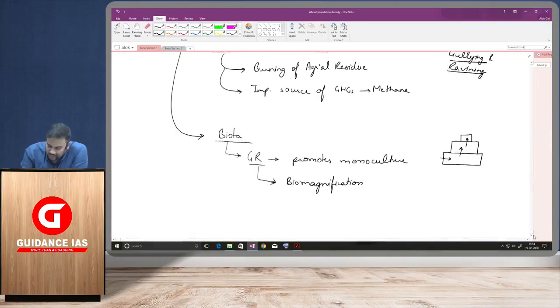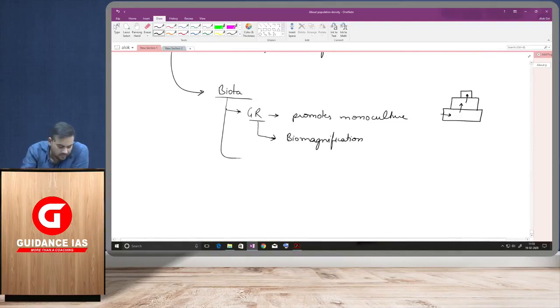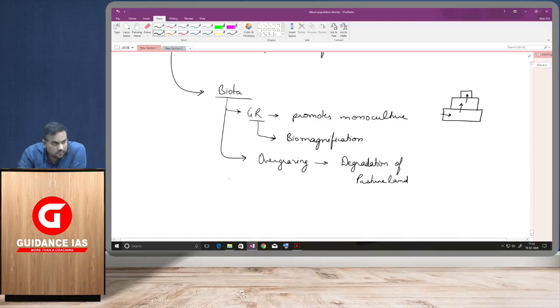Similarly, other forms of problems like overgrazing, and what they are leading to is degradation of pasture lands. Okay?